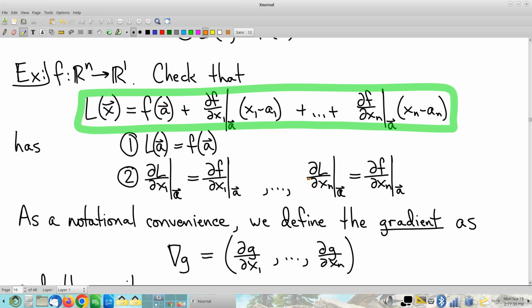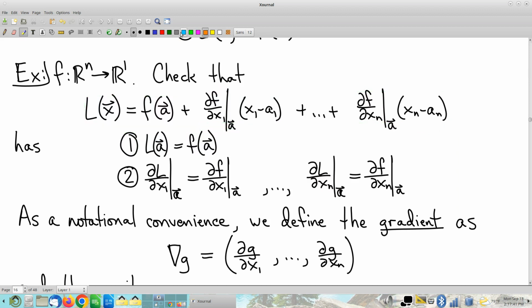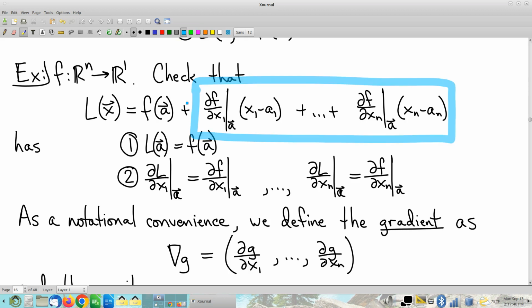Okay. Now, this formula right here. It's kind of clunky. It's a lot to write down, goes most of the way across the page. Tedious, nobody likes that. What's nice is to notice that this part here, the part that takes up the most space, actually can be simplified in a wonderfully convenient way. Notice, for one thing, it's a sum of a bunch of terms. Notice, furthermore, that each term is a product of factors.